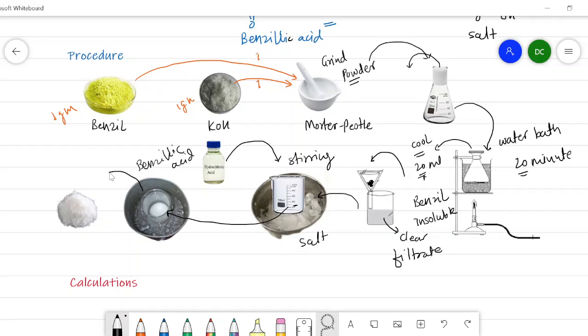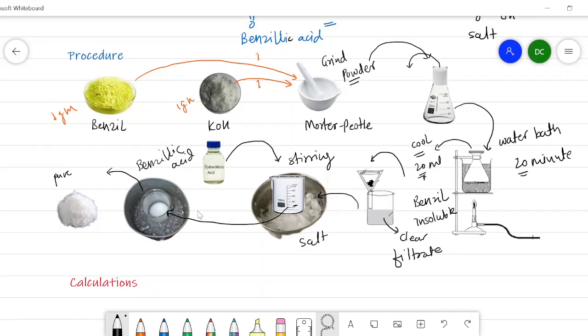This benzilic acid is filtered to get crude benzilic acid, which is then washed with water and recrystallized from water to get pure benzilic acid. Then its melting point is taken. In this way, we can prepare benzilic acid from benzil.